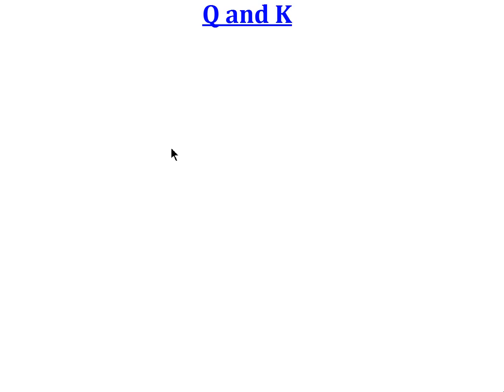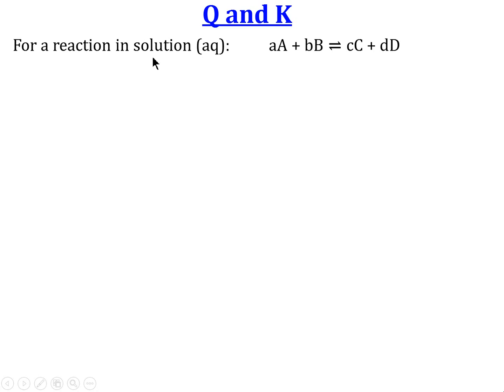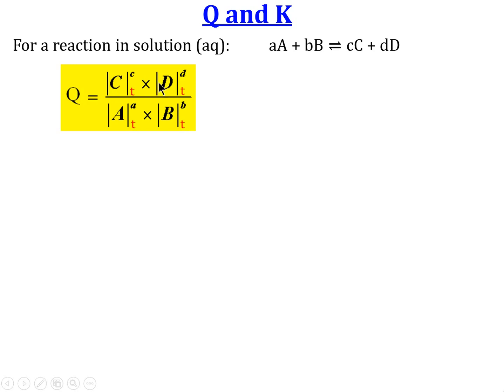What is the difference between Q and K? For a reaction in solution of the type aA plus bB that gives cC plus dD, the value of Q is equal to the concentration of the products at time t divided by the concentrations of the reactants at the same time t according to the stoichiometry.